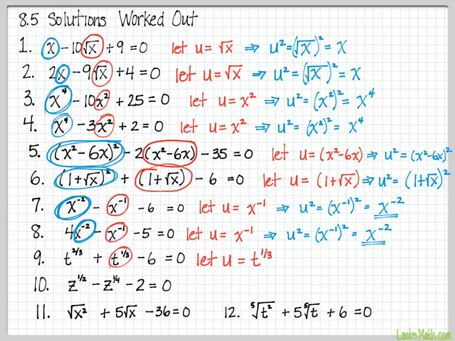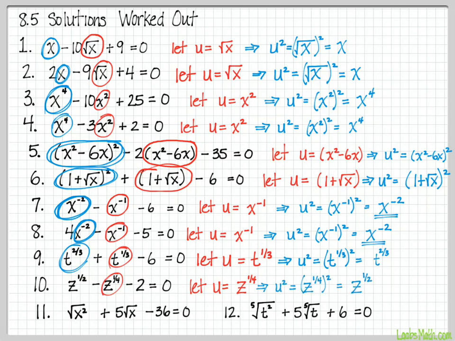And then in number 9, I've got let U equal t to the 1/3. For U squared, I would just square the t to the 1/3 and get t to the 2/3, which is the first term. And then we have it in number 10, z to the 1/4, and so U squared would be z to the 1/4 squared, which is z to the 1/2.